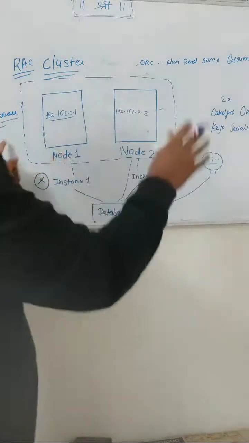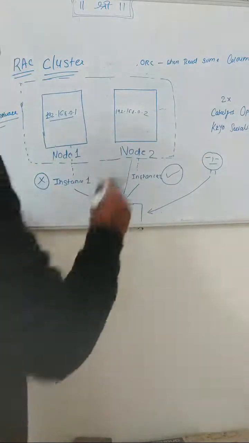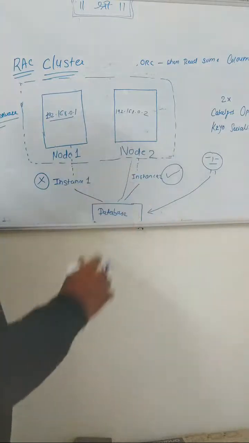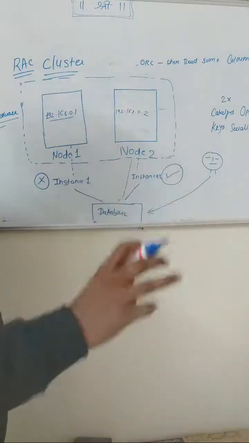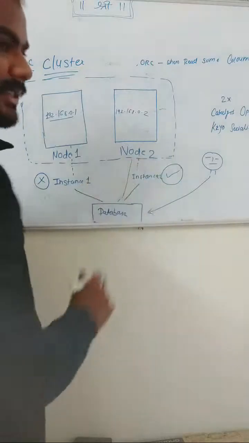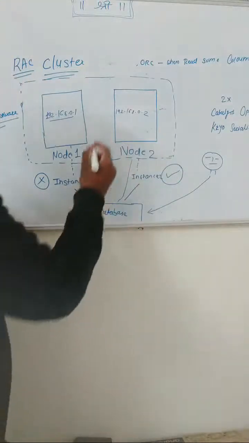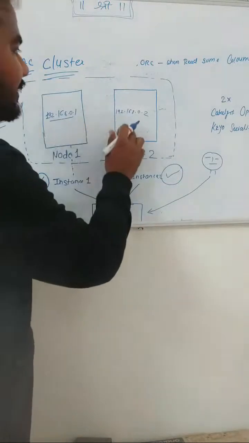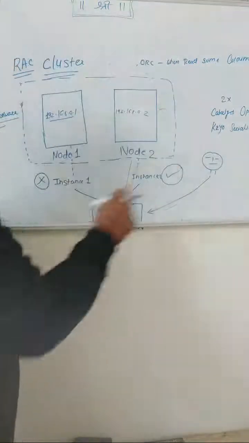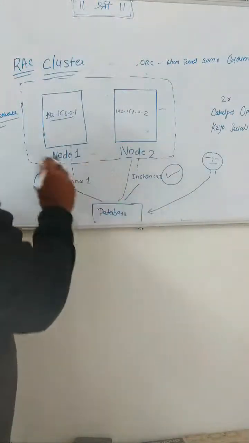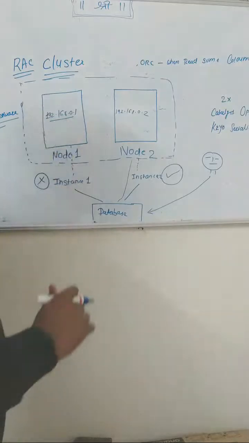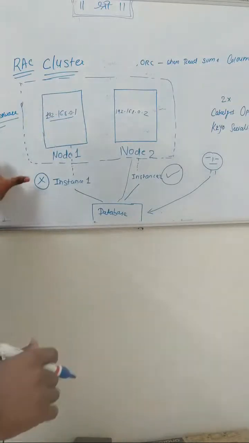So what is meant by cluster? Cluster is a collection of servers. So this is the first server, second server. But if you see at the top level, this is a single cluster.